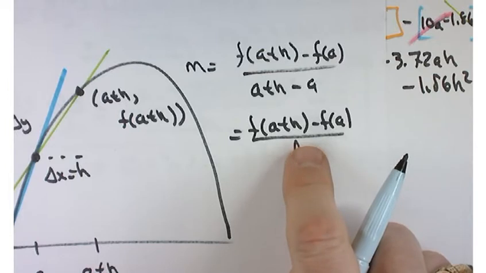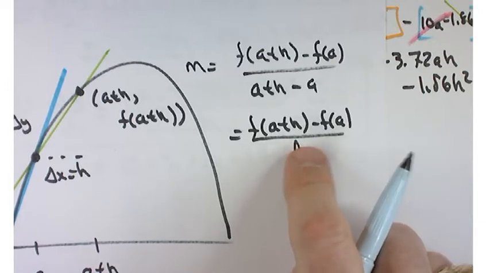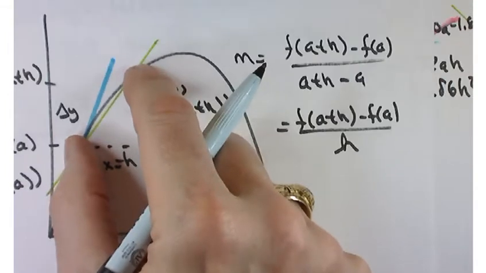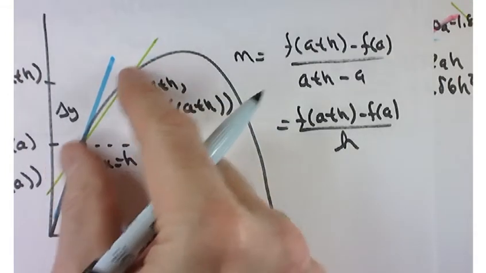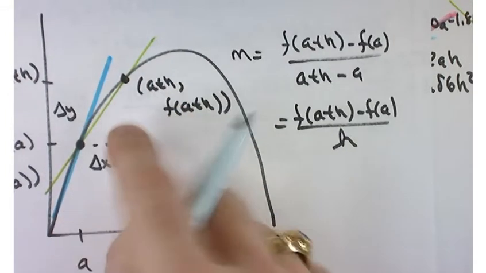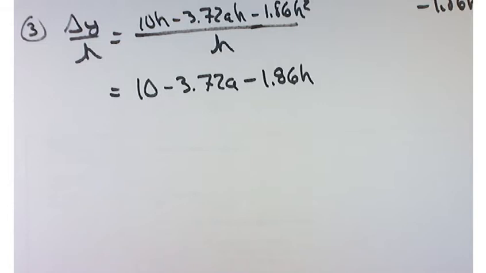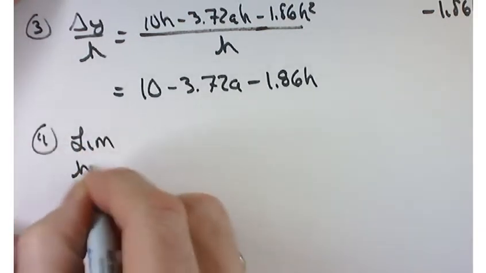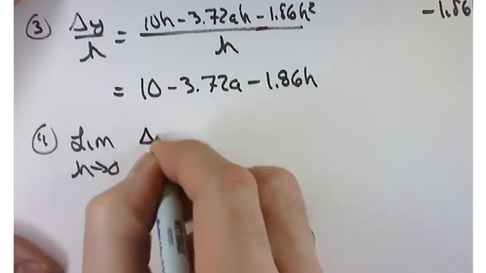So I'm pretty much done, except one last thing. I have to take the limit. I've calculated the slope of the secant line between two points. Now I'm going to let h get really, really small, and the slope of the secant line is going to become the slope of the tangent line. So the last step is to take the limit as h approaches 0 of delta y over h.